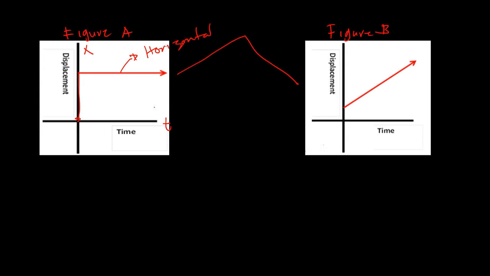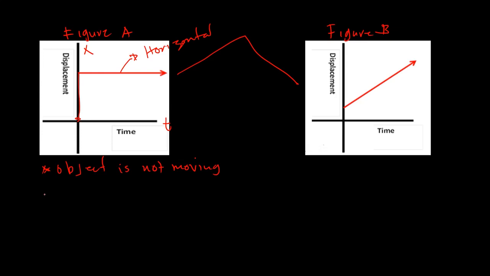Now, a flat line in x versus t represents that the object is not moving. I will put here some details, information that can be derived from this graph. So when you see a graph that has a flat line, this means that the object is not moving.